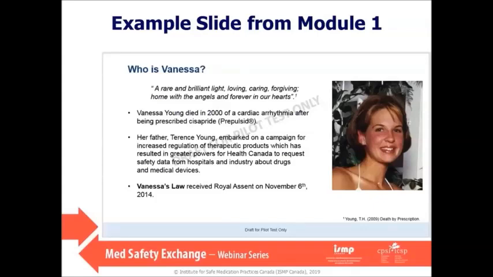In Module 1, this slide, Who is Vanessa?, helps everyone to know that the law was named to honor the memory of Vanessa Young, a girl who was 15 years old when she died of a heart problem after being prescribed cisapride. And this drug is now no longer on the market. We quote from the book written by her father, Terrence Young, who has helped lead the way for these new regulations and authorities for Health Canada.